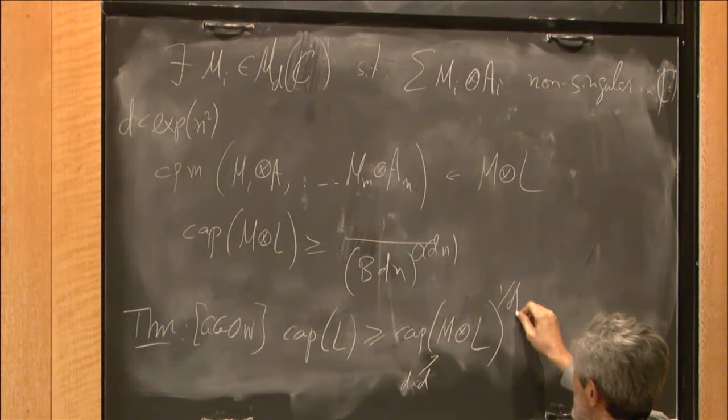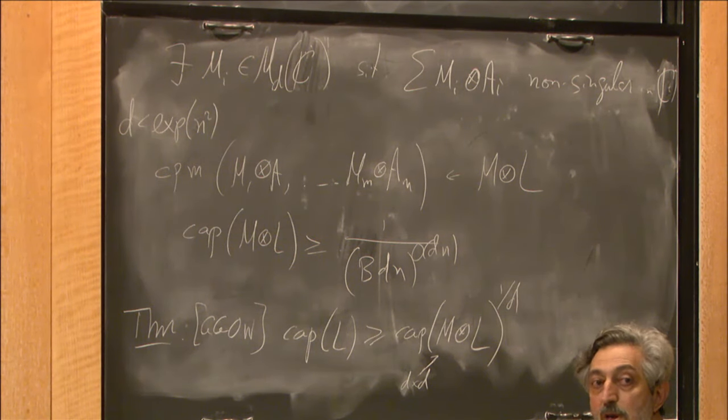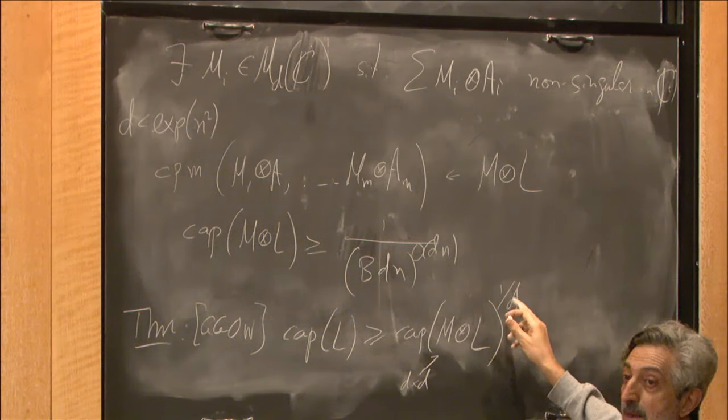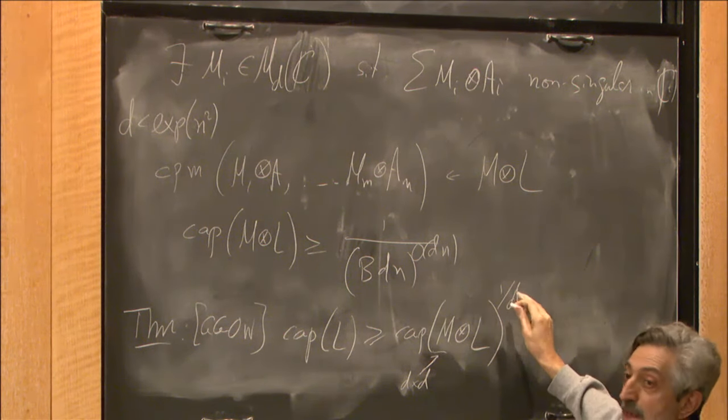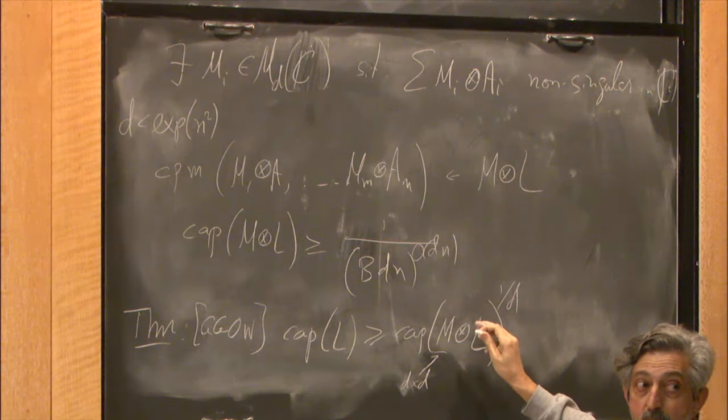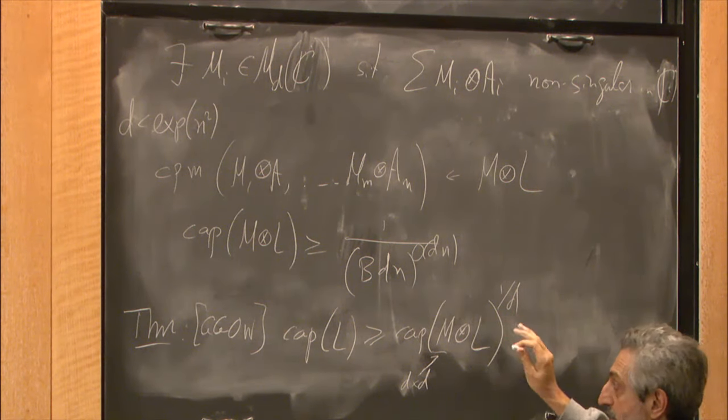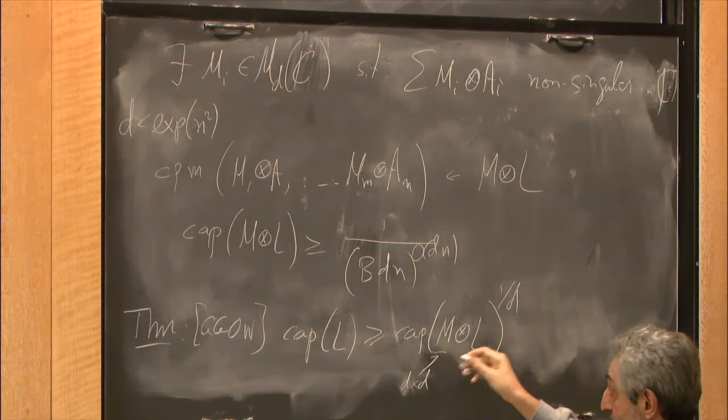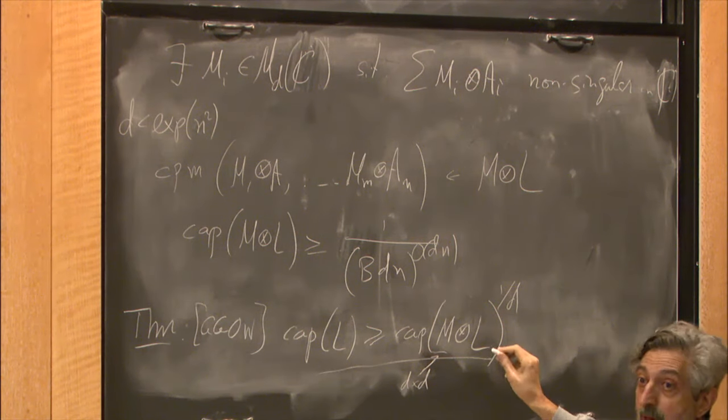So you gain a D in the exponent. You get the dimension of this M in the exponent here. This is the only thing. Again, this is a very simple lemma. We prove it, so let's just see why we are done.